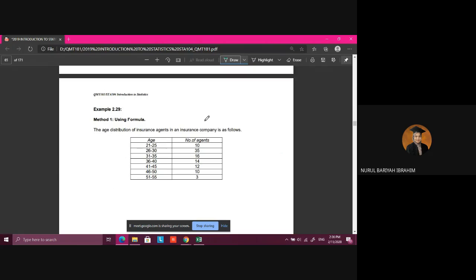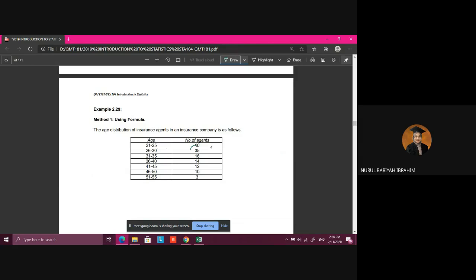Alright, so in order to use the formula, we just need the frequency, and we need to know which row ataupun which classes containing the mode. Okay, look at this. The highest frequency kat sini adalah 35.